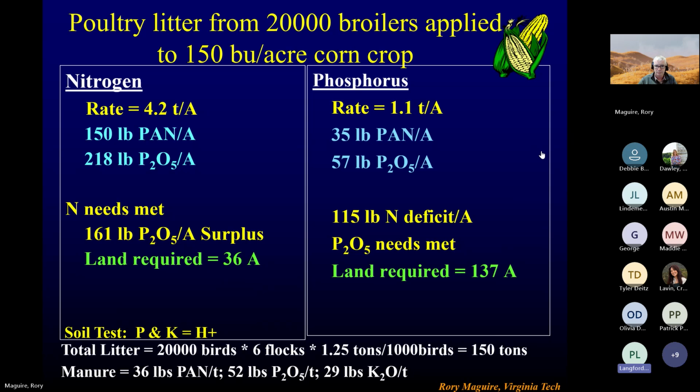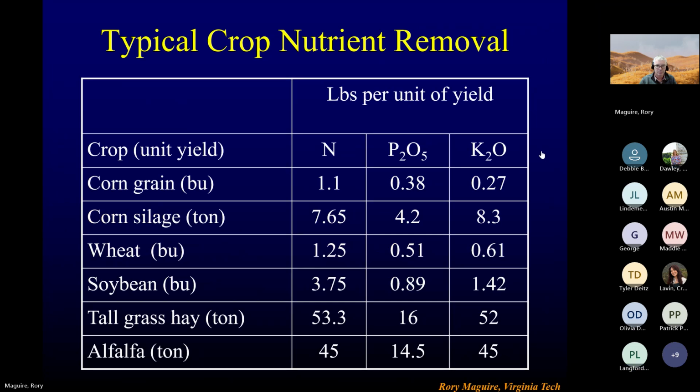So this is just another reason why it's important to test your soils to make sure that there's not this imbalance whenever you are fertilizing your crops. And then here we're looking at your typical crop nutrient removal. Essentially, this is showing that besides corn grain, phosphorus is usually removed the least.